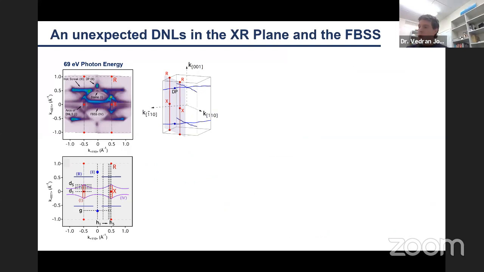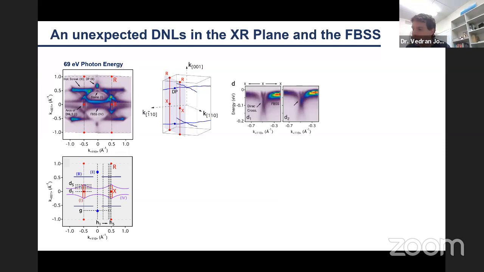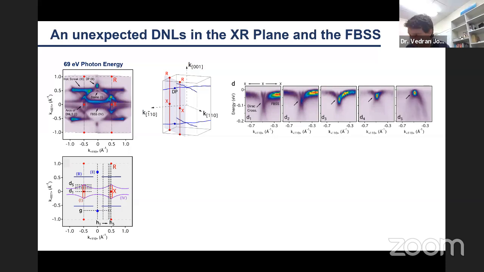And now we dwell a little bit more into each of these features that we saw on the previous slide. So first we focus on the Dirac nodal line 3, and we can do this by taking horizontal band structure cuts for 5 select momenta along the labels D1 through 5, corresponding to the cuts that you see on the bottom left.